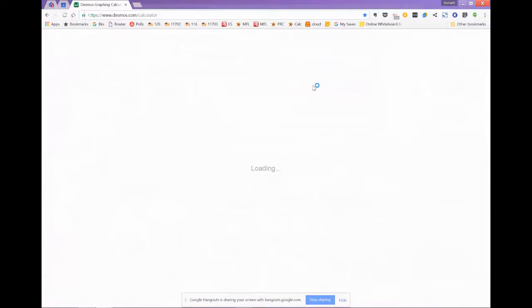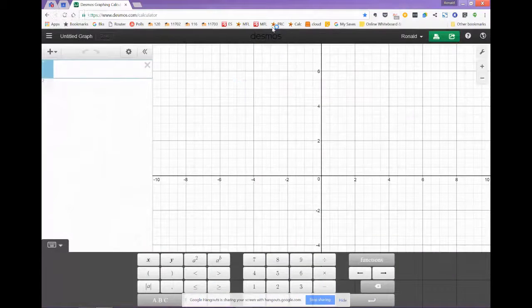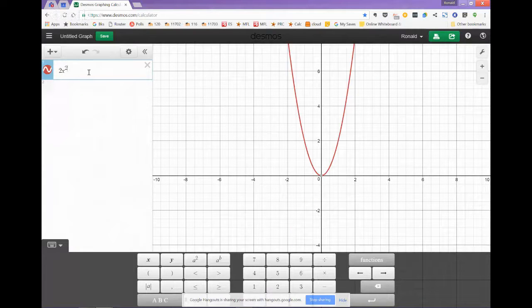So first what I'm going to do is put in 2x squared, and then divided by, in the denominator, x squared plus 4.